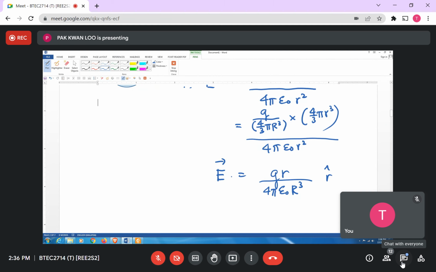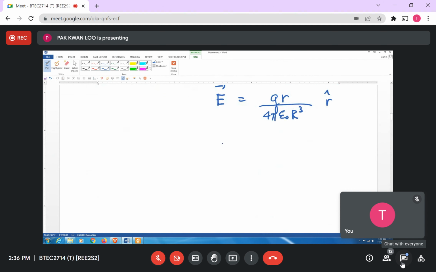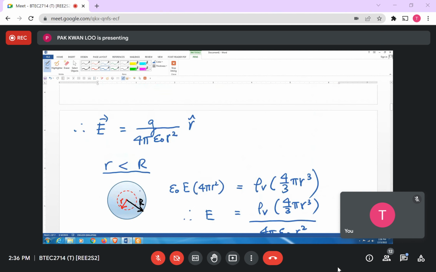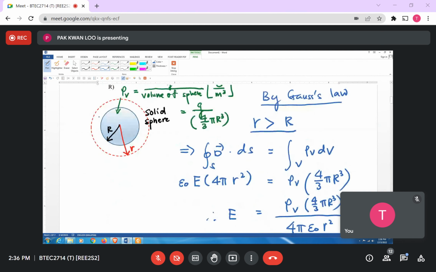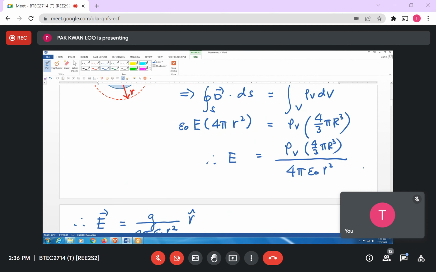Okay, so now we have determined both electric fields. So now, how do we proceed from here? We have determined the electric field inside and also outside. So r greater than R is outside, and this is inside.